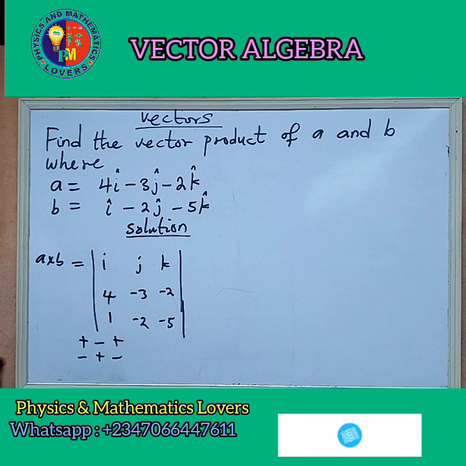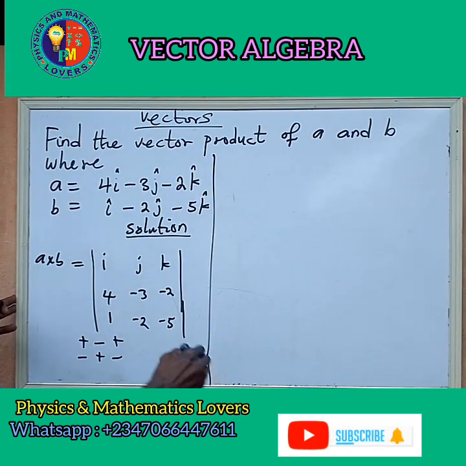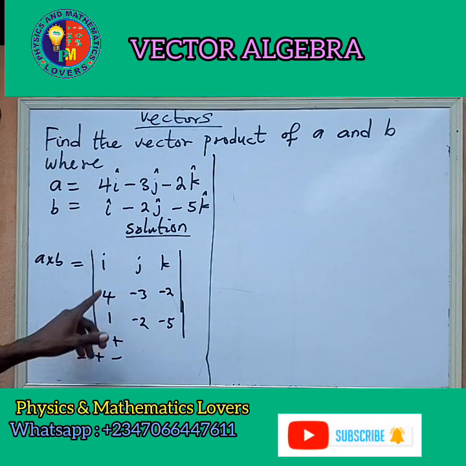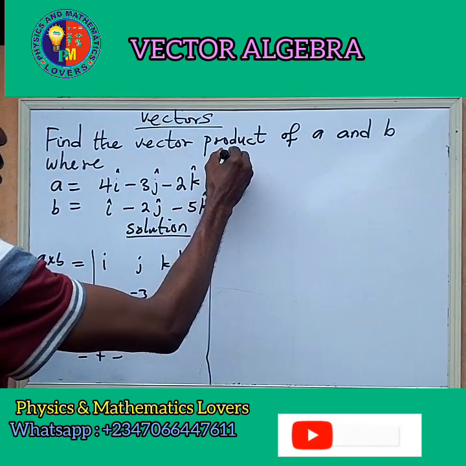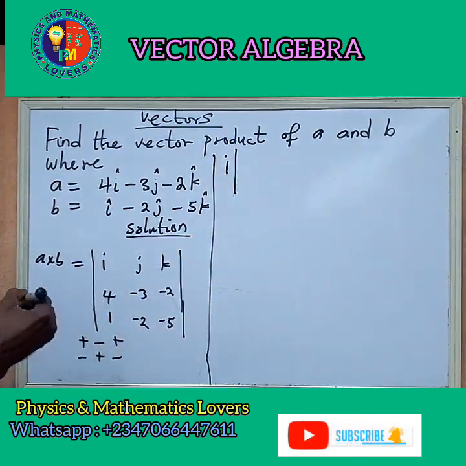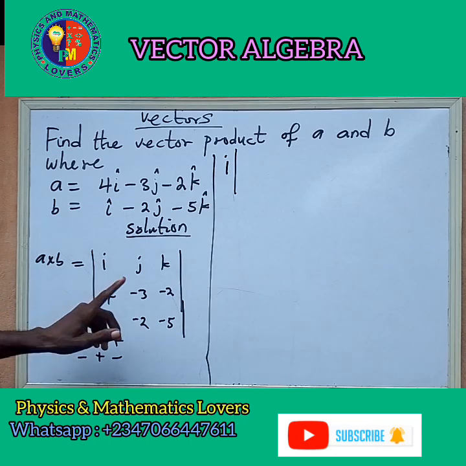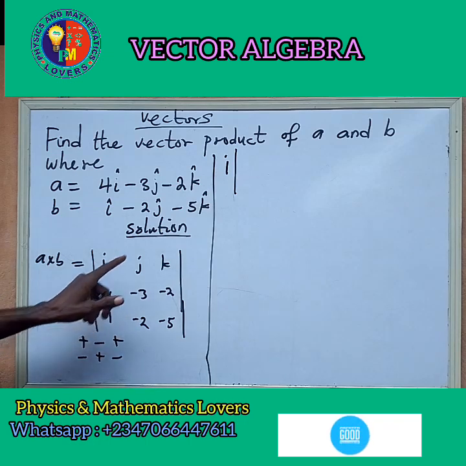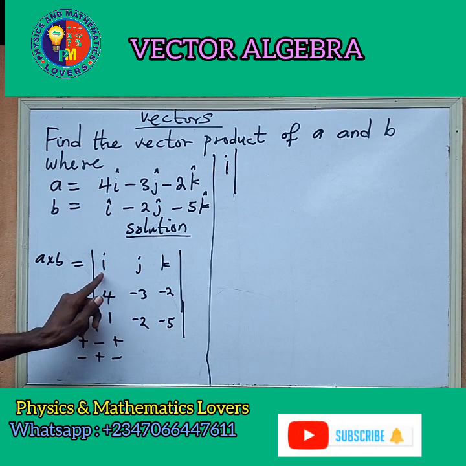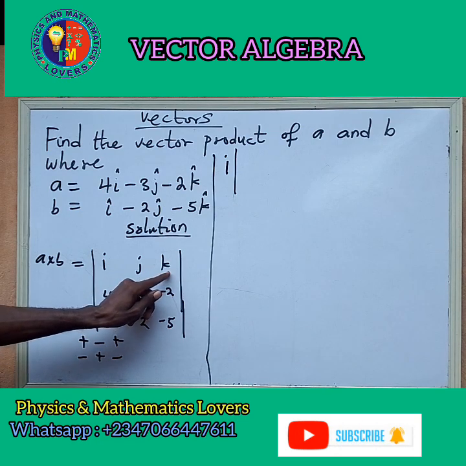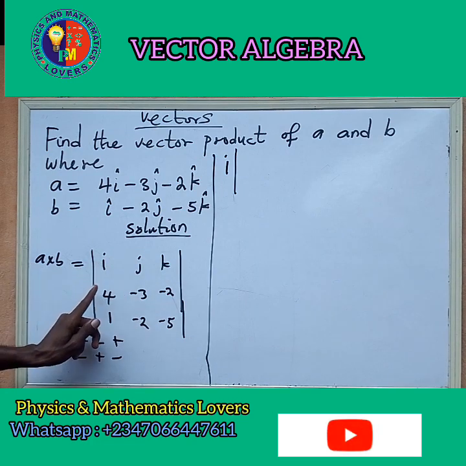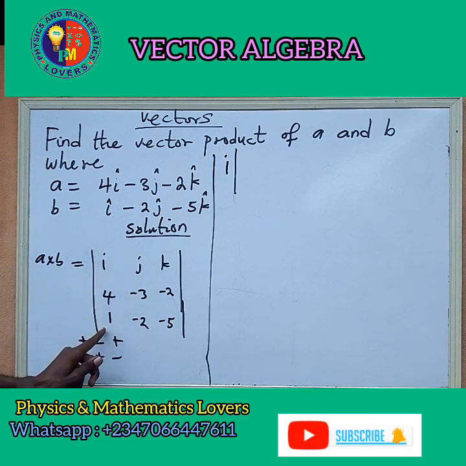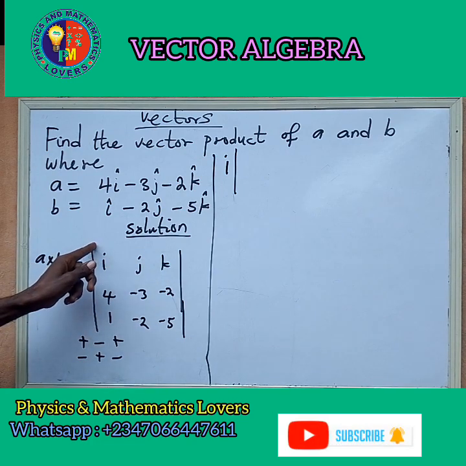So if I take i, it means that I will multiply i with this. Don't take anything in this row, and don't take anything in this column where that i is.